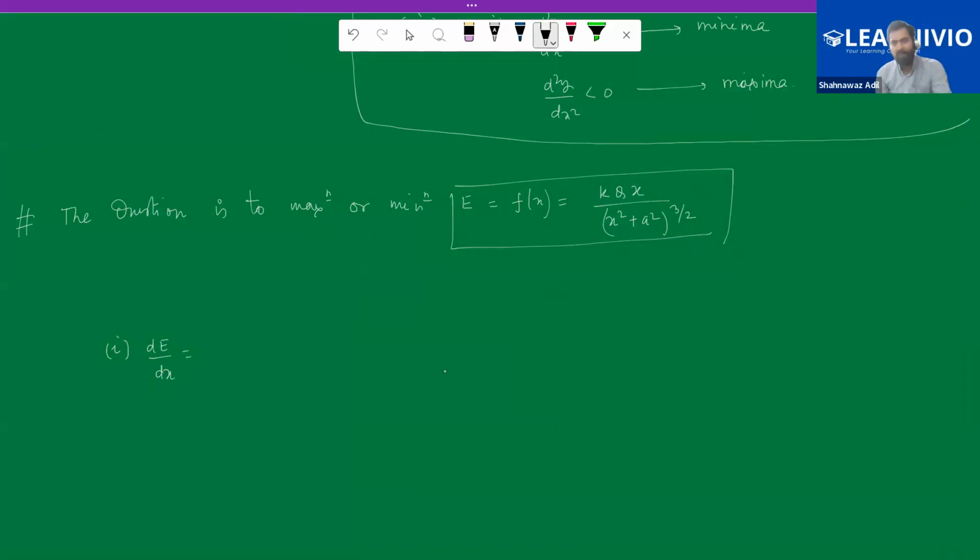What would be that? What kind of function is this one? d by dx of kqx divided by x square plus a square power 3 by 2. This is something like u by v. So if you take the differentiation of this, y dash would be u dash v minus u v dash divided by v square, right?